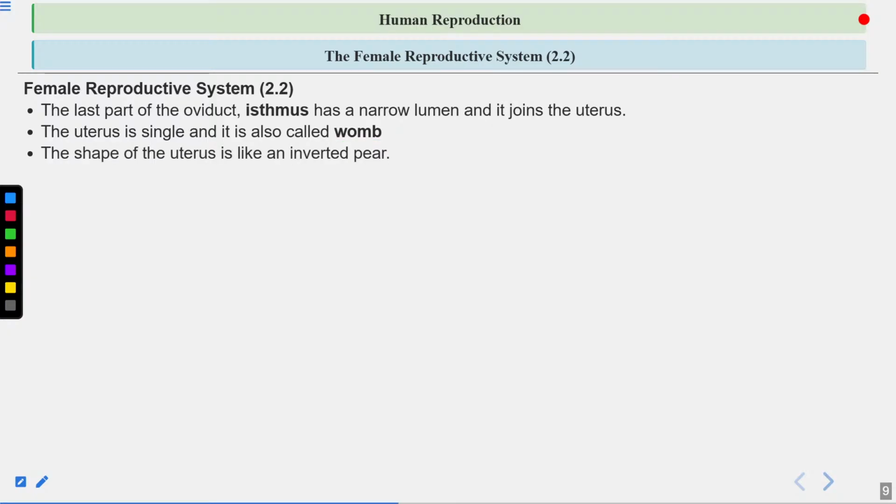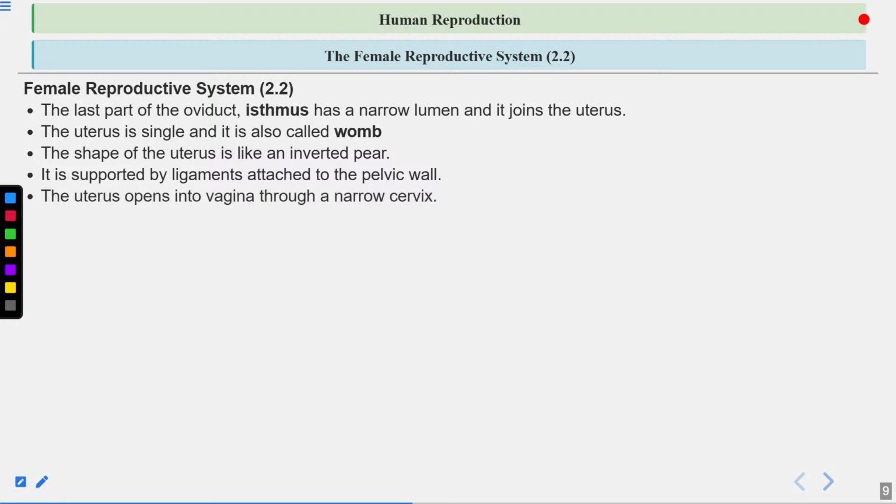Okay, let's talk about the shape of the uterus. The shape of the uterus is like an inverted pear. Again, the uterus is supported by ligaments attached to the pelvic wall. The uterus opens into the vagina through a narrow cervix. So the lower part of the uterus is known as the cervix.